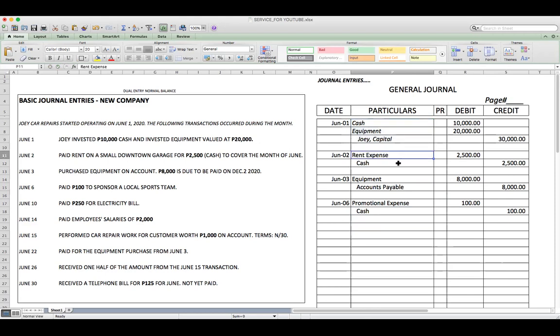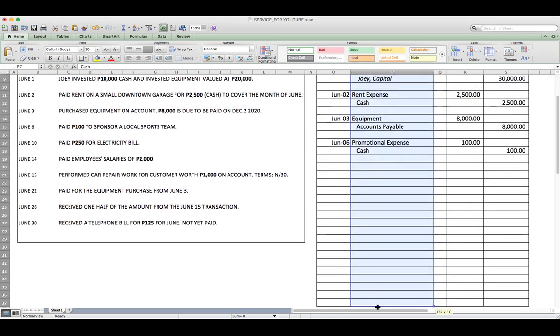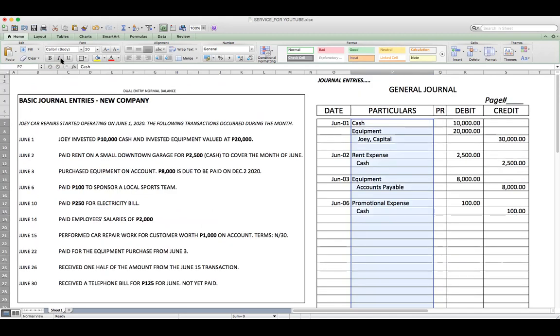Ayan, ganyan siya dapat. Naka-italic siya. Pwede nating i-italic para masundan yung tinatawag na art of accounting. Okay? Tapos, we're not yet using the PR because the post reference will be used kapag tayo ay ledger na o magpo-post sa T-accounts. So, as of now, hindi mo na kailangan. So, for June 6, okay na.